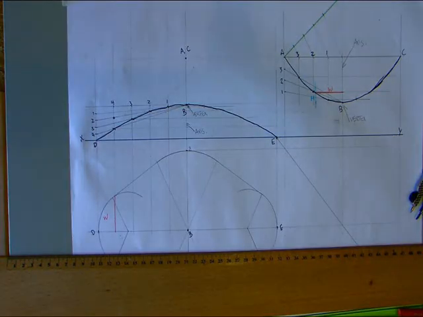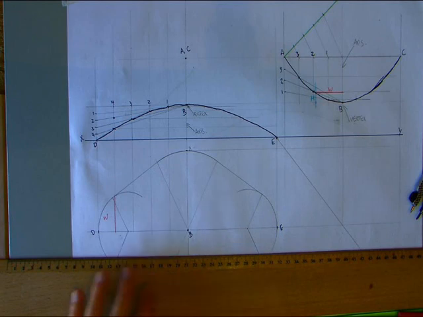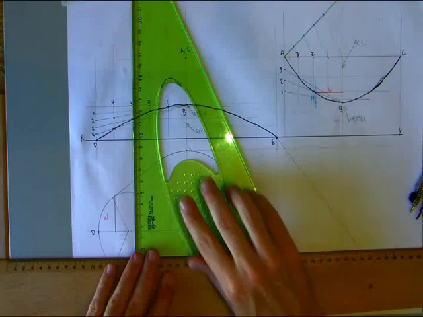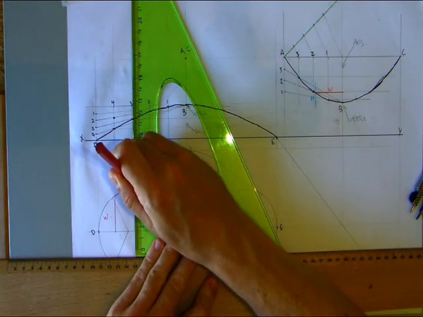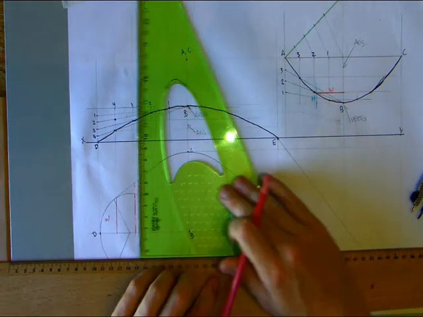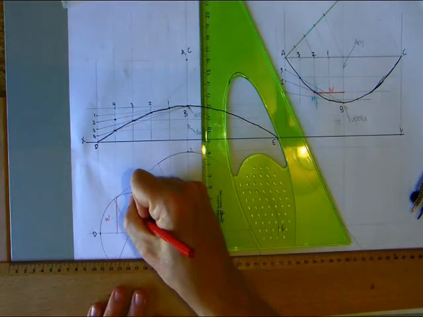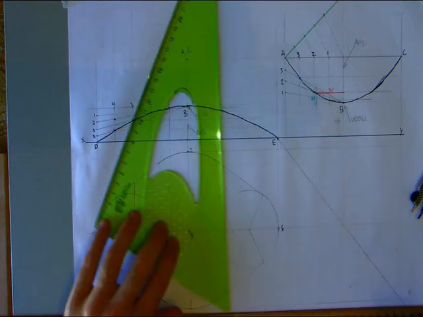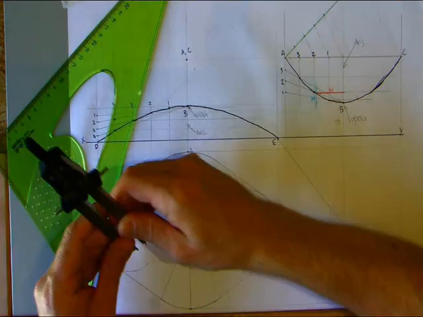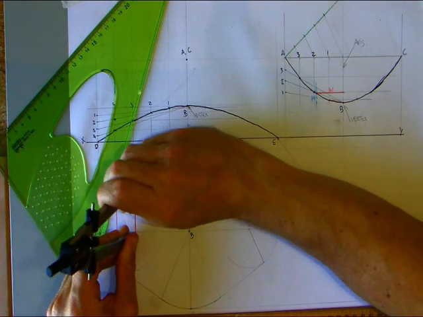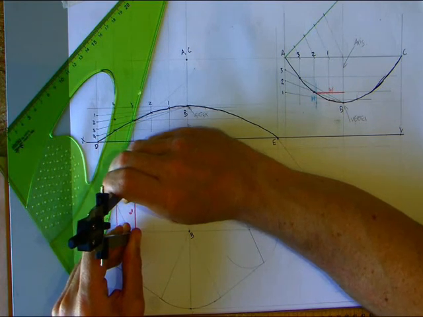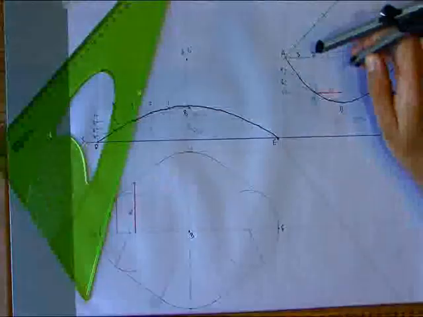Okay, now we're going to repeat the process with cut 3 here. I'm going to take width, we'll call this W1, with my compass from the center point. Width 1, I'm going to apply width 1 here.